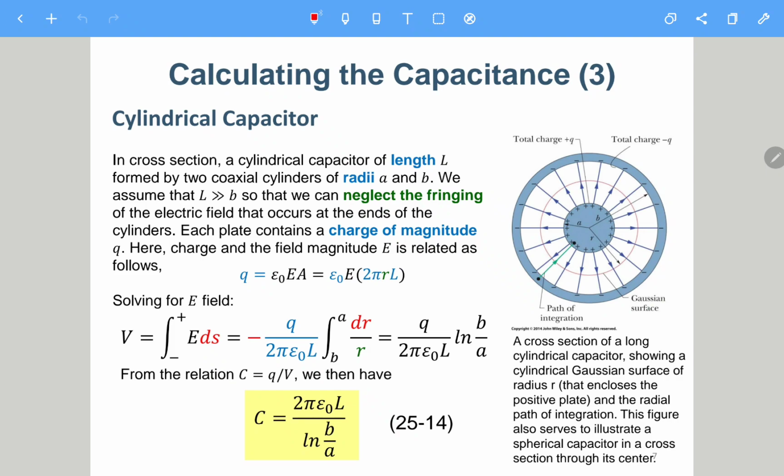Okay, so another one is a cylindrical capacitor. Actually, if you have tried to open the case of your computer, then you should have seen the cylindrical capacitor. It is just cylindrical with two legs, bonded on the motherboard.